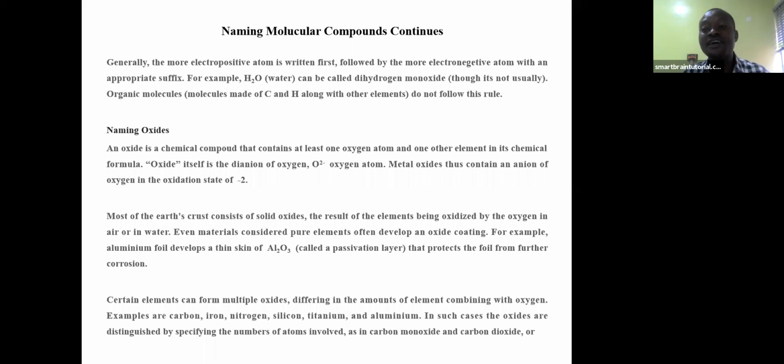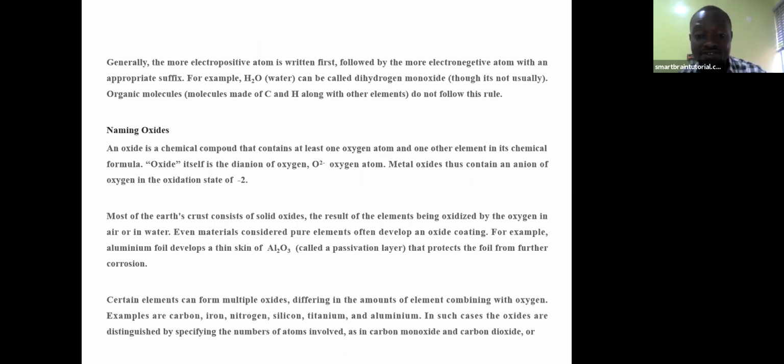Oxygen is quite reactive, and even in the soil, most elements that are very reactive do not exist alone. They exist in combined forms with oxygen. That is why when they are mined, they have to be subjected to chemical means to extract and purify them before they can be used.